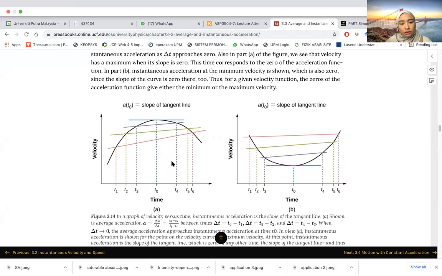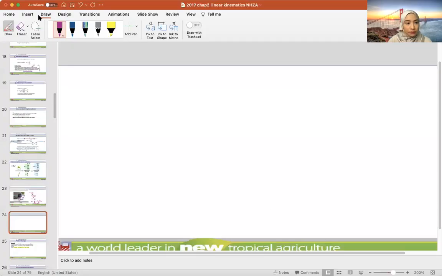Why is there a time 0 here? I don't know why. And then we have velocity as the y-axis. I think I need to screenshot so that I can... there is no counting here. Wait, it's hard to count. New slide. Stop sharing. Share. Constant.